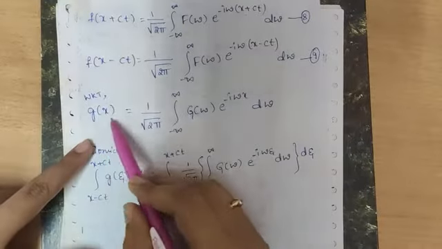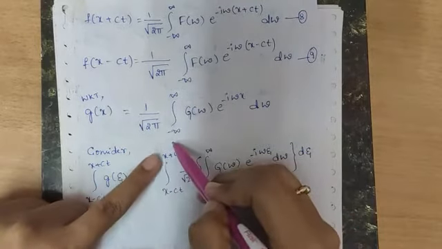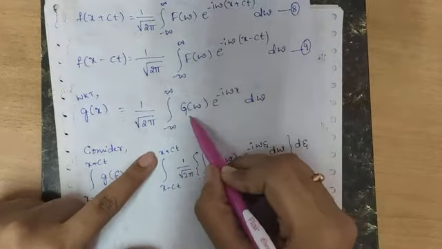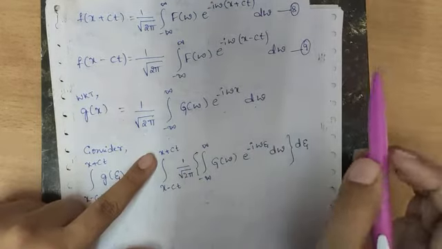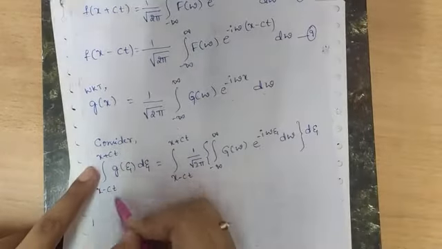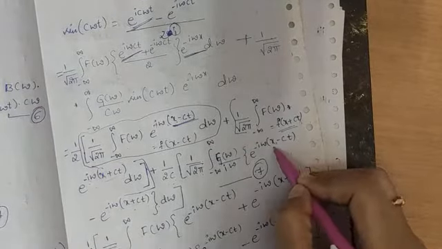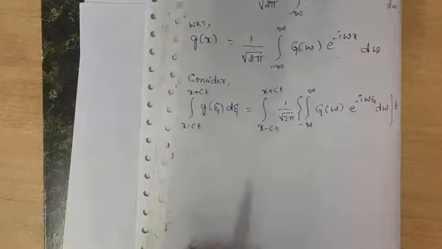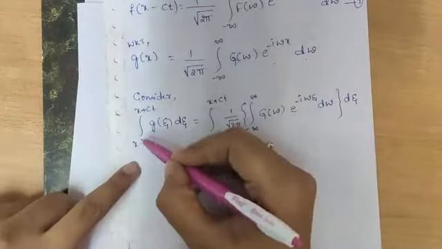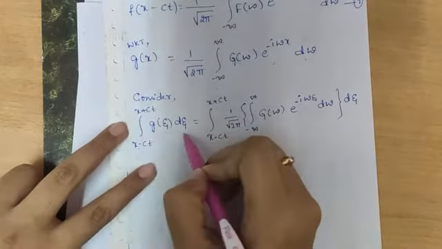Similarly, we know that g of x is equal to 1 over root 2 pi integral over minus infinity to infinity g of omega into e power minus i omega x into d omega. So now, since in equation 7 g of omega is varying from x minus ct to x plus ct, I will consider integral over x minus ct to x plus ct into g of xi d xi.